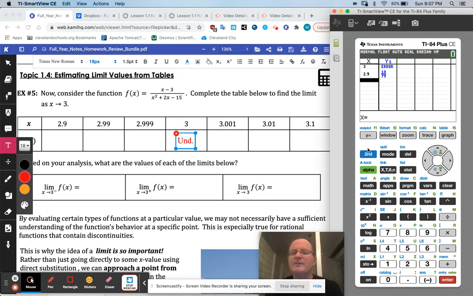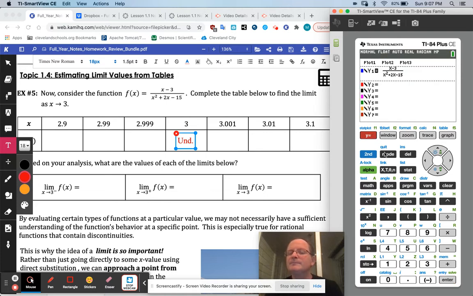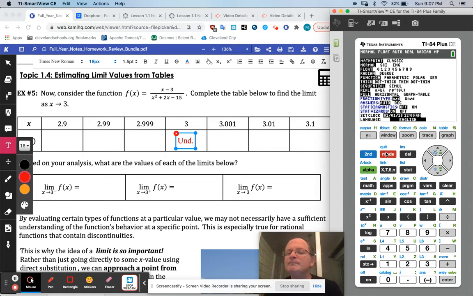Oh, no. A fraction? I don't want a fraction. There we are, decimal. Fraction's hard to tell anything about. So let's go back.